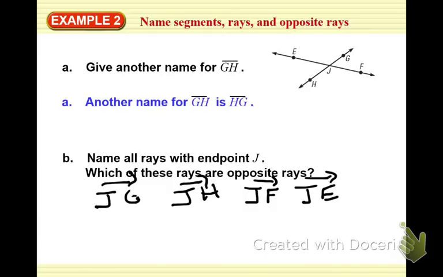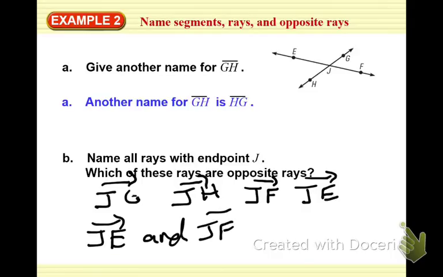Rylan, help him out. JE and JH? Do ray JE and ray JH form a line? So not JE and JH, but JE and JF, right. Okay?